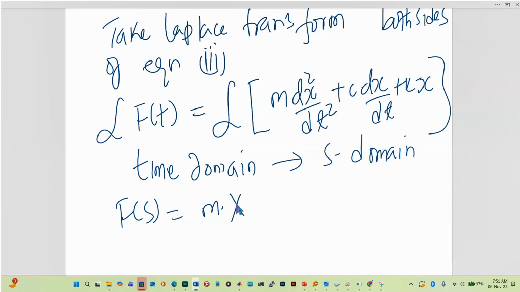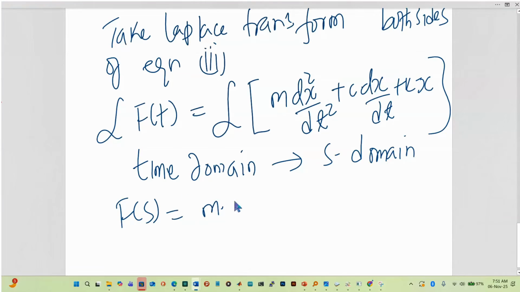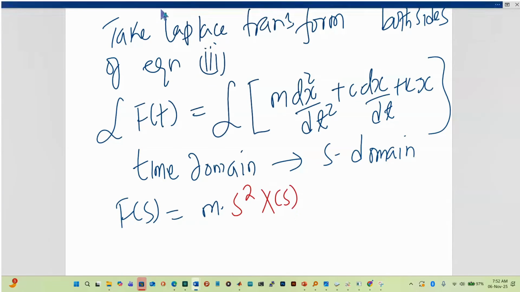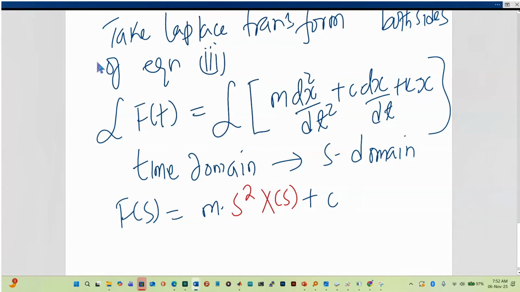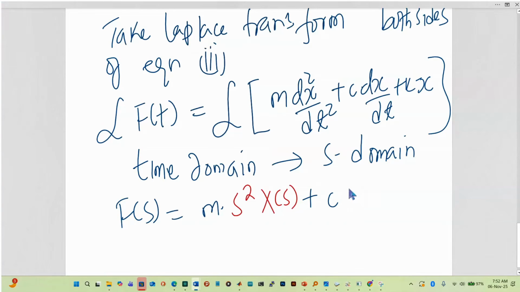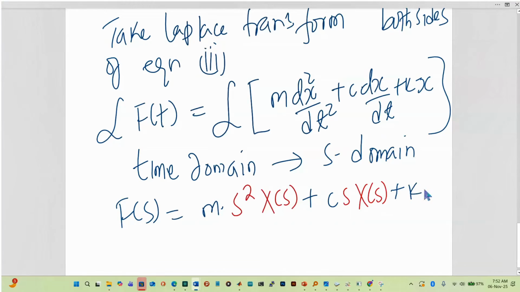Now that means I'll have F of s, which becomes equal to m. Let me rewrite it properly here. This will be s squared X of s, then I add c times s X of s, then I'm adding k times X of s.